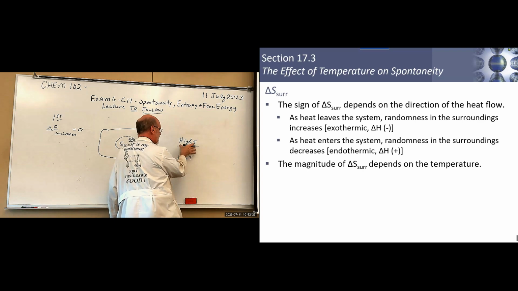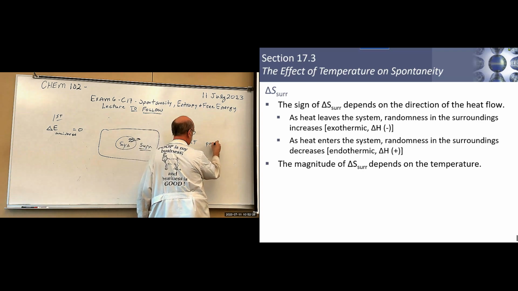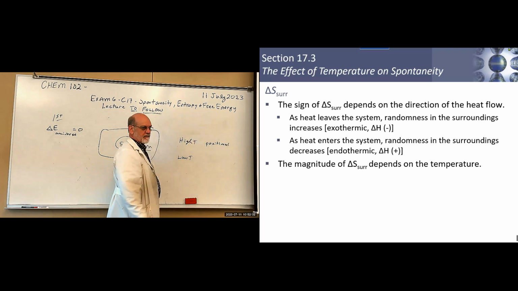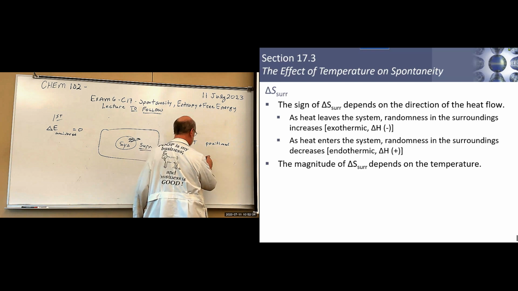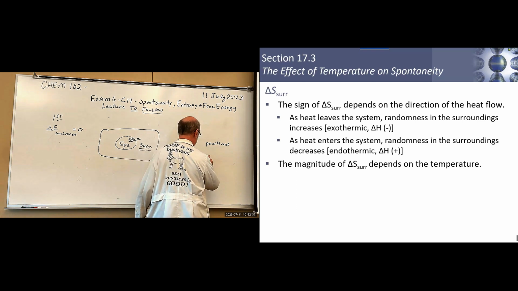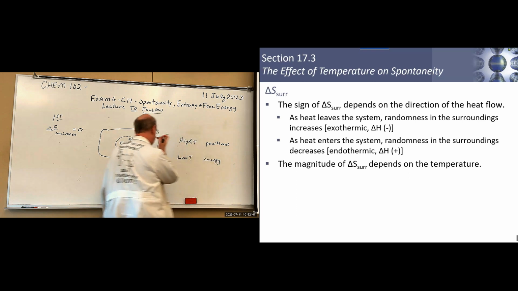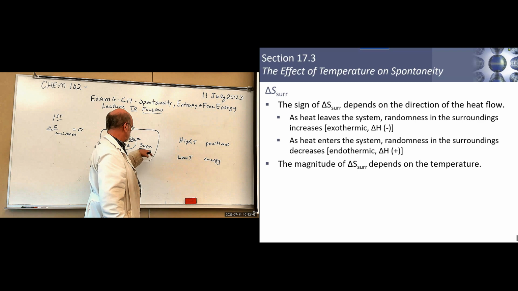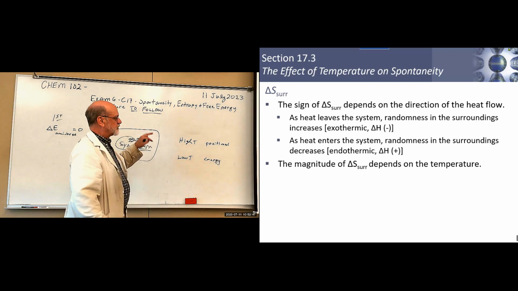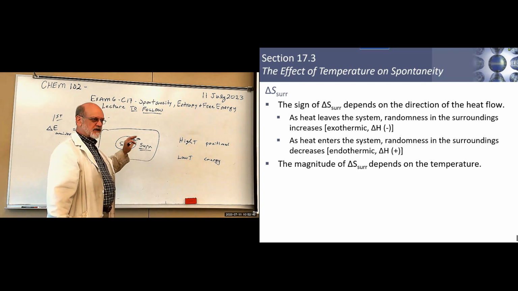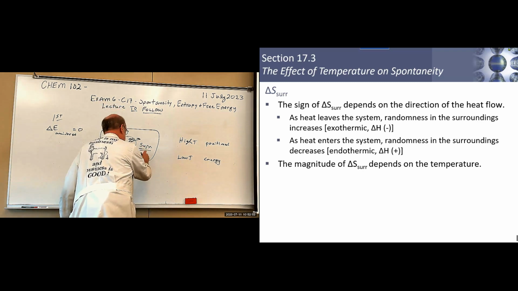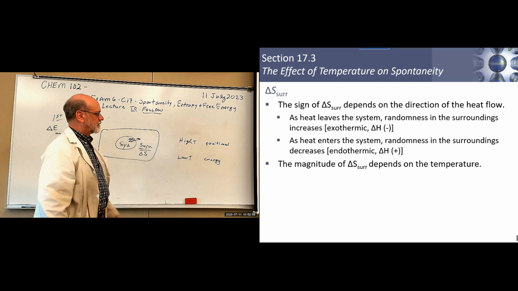Which one dominates at high temperature? That's positional, right? Because the change in temperature doesn't matter that much. And at low temperature, we have energy entropy dominant. Okay, so temperature does matter. That's the point of this slide. Temperature does matter in calculating the entropy of the surroundings.